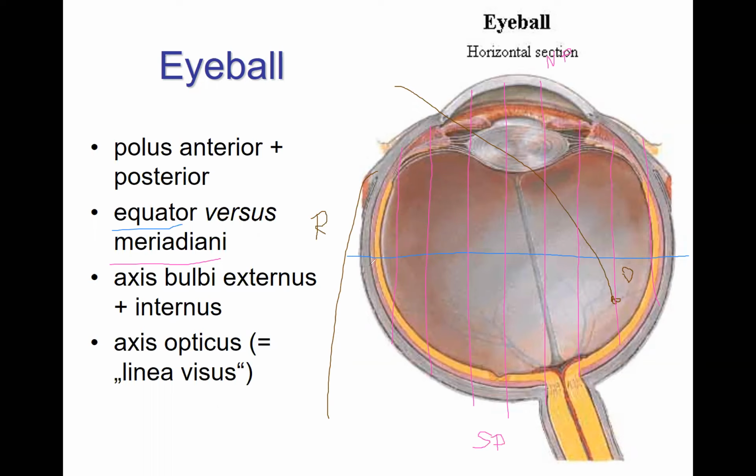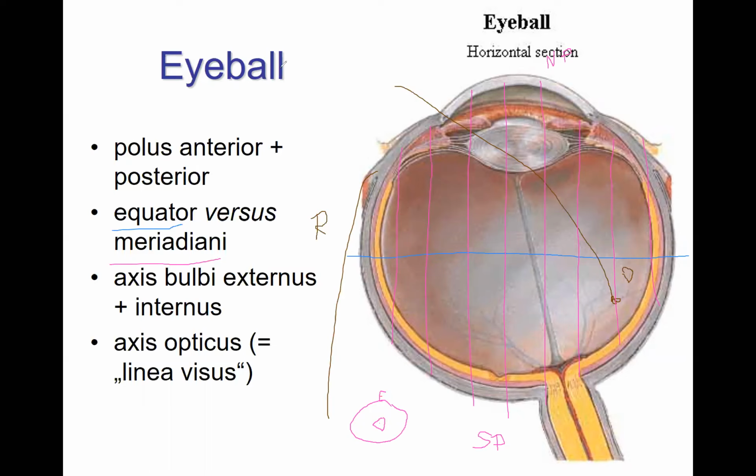So the equator is well visible in transverse section, in horizontal plane. So if you look into the patient, you see the equator. If you look into the eyes, you see the equator like this. This is the iris and pupilla, and the equator is like that.